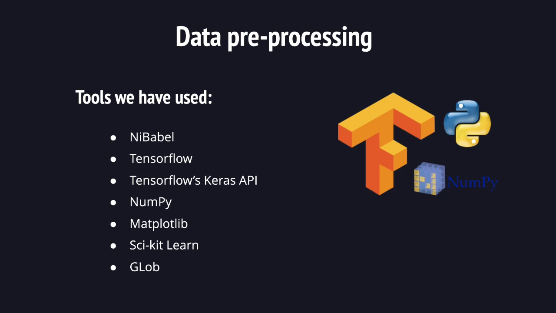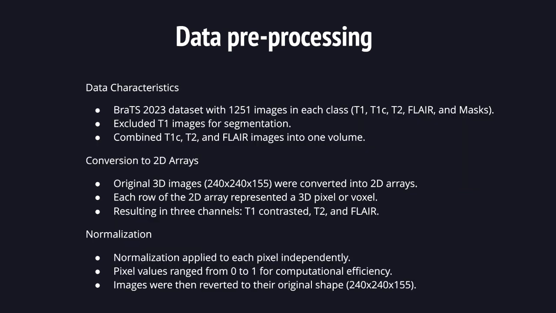For the data conversion, we use 2D arrays for the convolution layer of 3D images. Original 3D images were converted into 2D arrays, and each row in the 2D array represents a 3D pixel, or voxel.